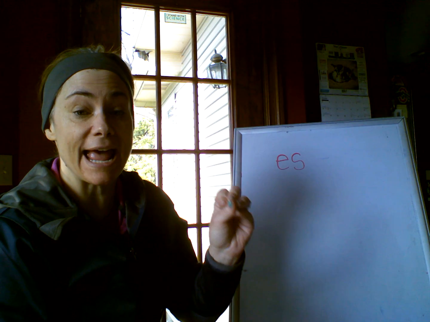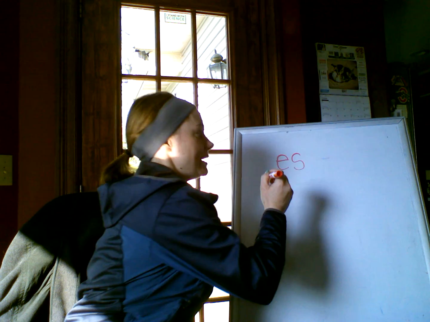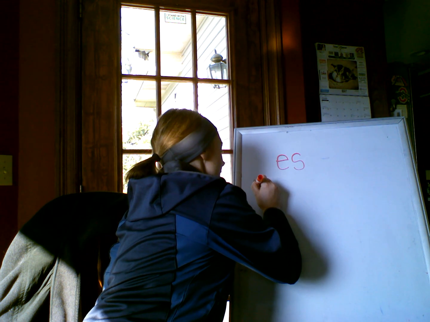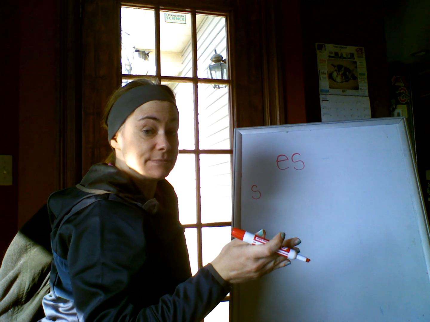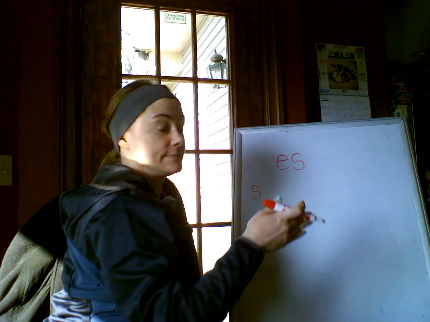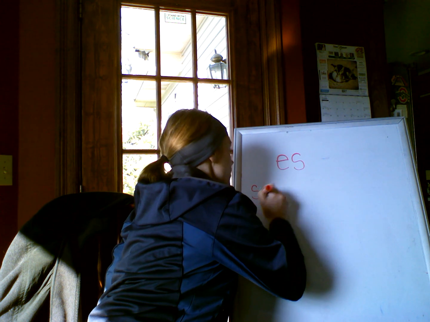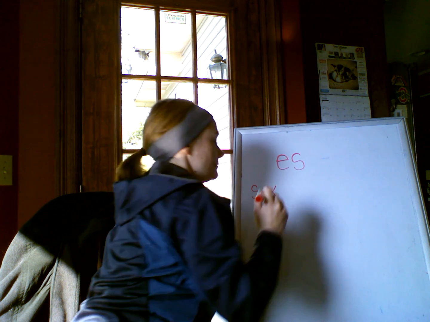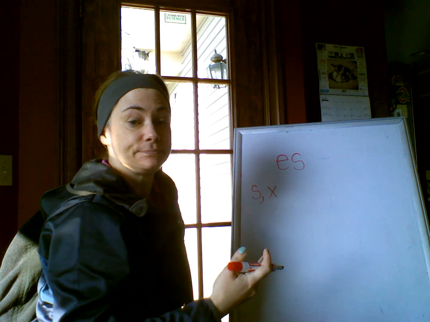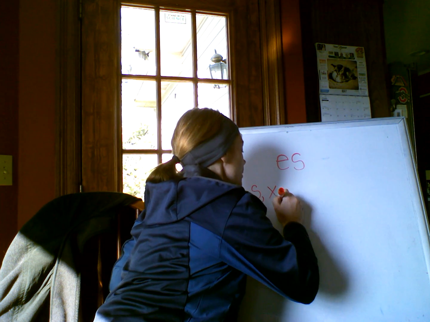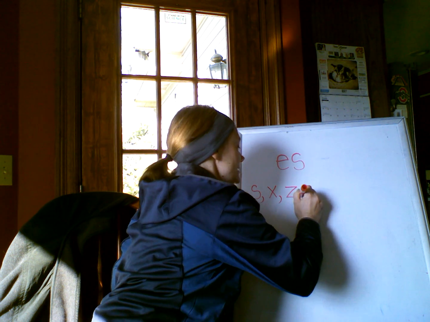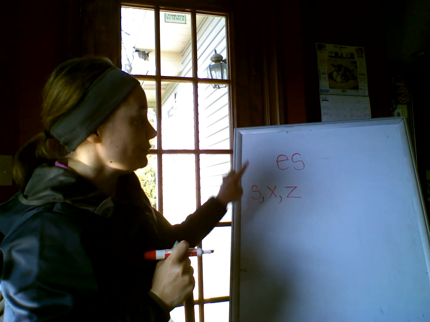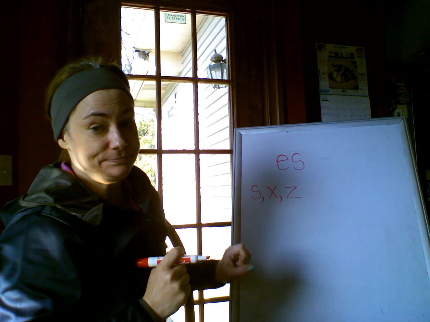So when a word ends with, and I'm going to try to get it right this time, S, like bus, or when a word ends with X, like box, or when a word, and this is the one I forgot, ends with Z, you put an ES at the end.